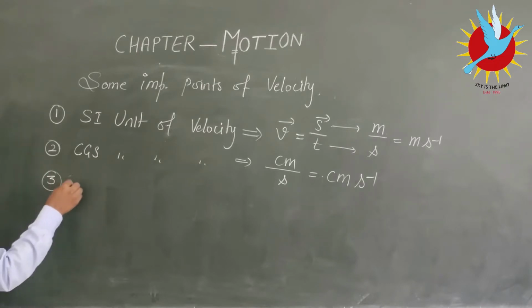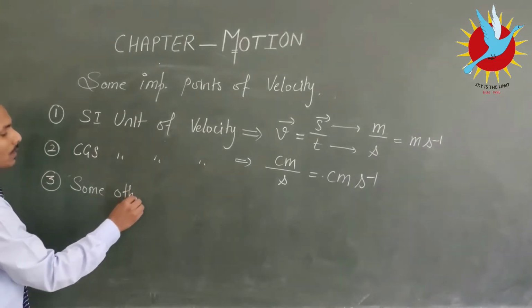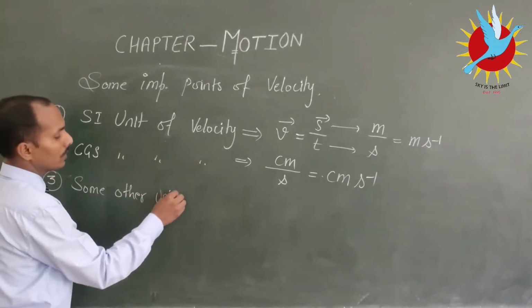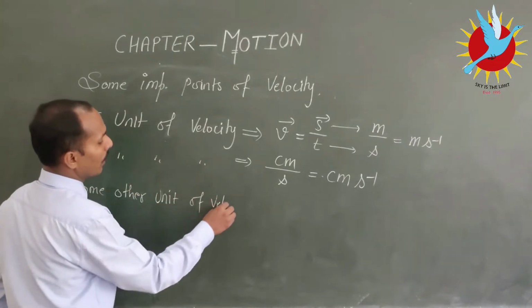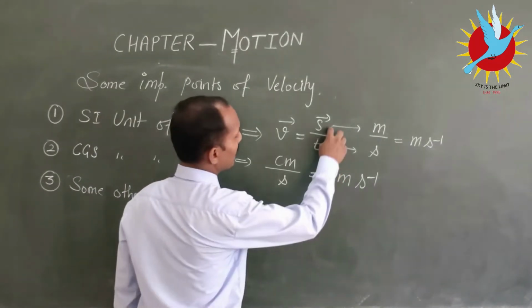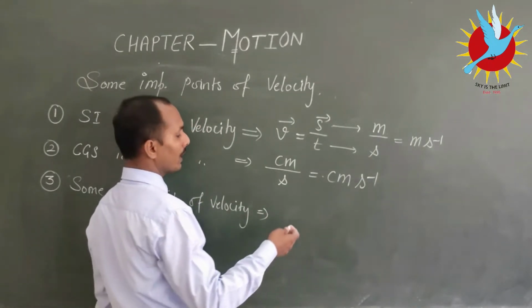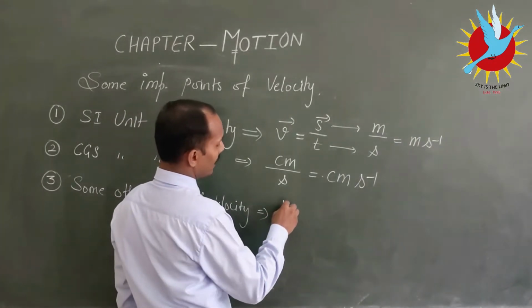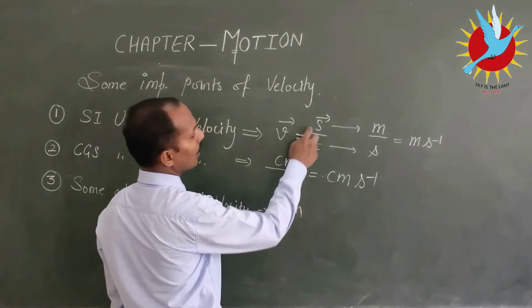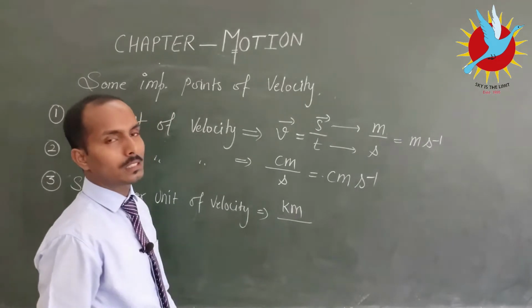And the third one is some other units of velocity. Displacement can also be measured in kilometer, and for time, other units except second are minute and hour.